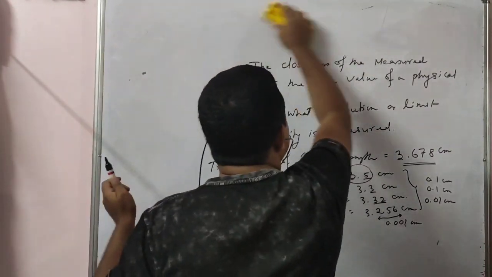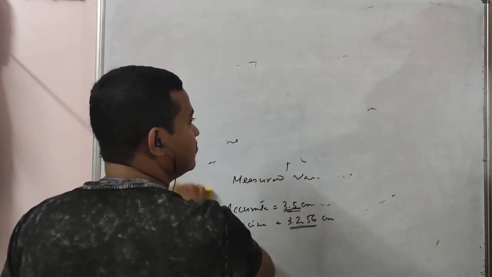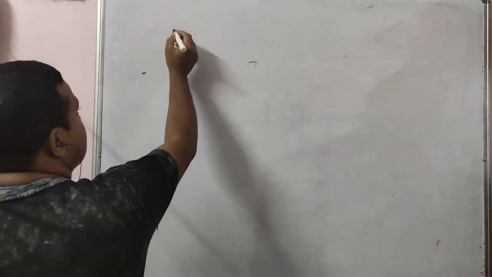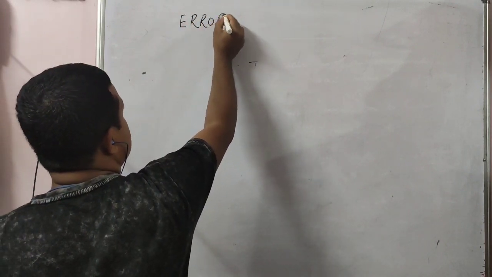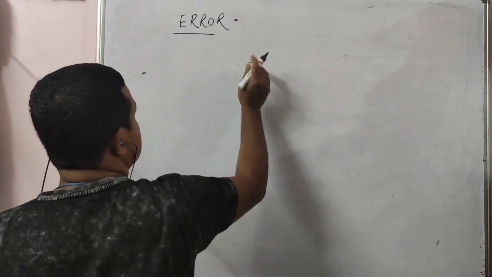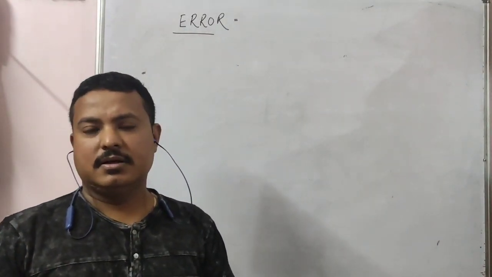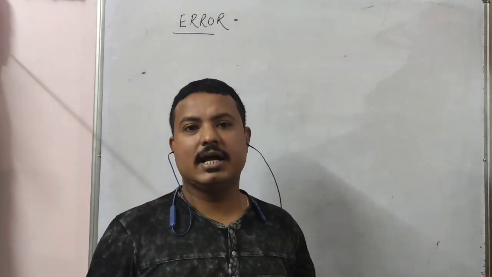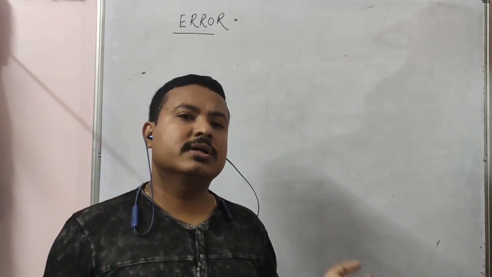Okay, now let me explain error. Now error means what? Suppose while taking the measurement of a certain length, certain mass or certain time or any other physical quantity, we always may encounter some error.